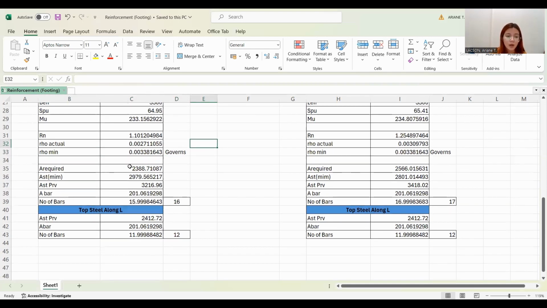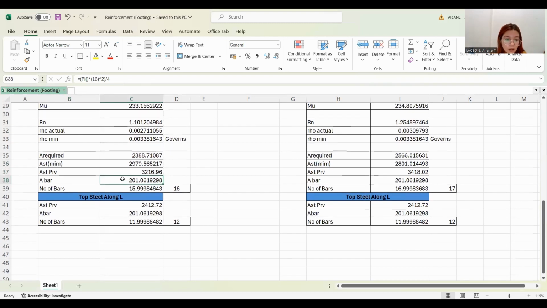So the area required is 2388.7108. The As min is 2979.565214, and the tensile area is 3216.96. So the area of the bar is 201.06 since we have 20 millimeter diameter for the bars.